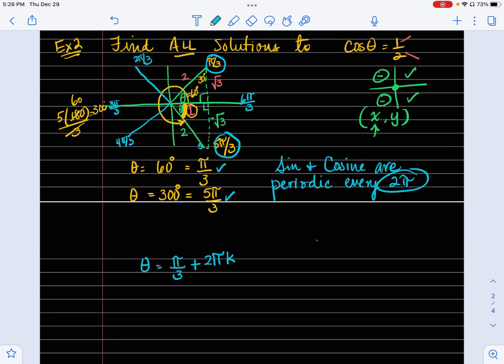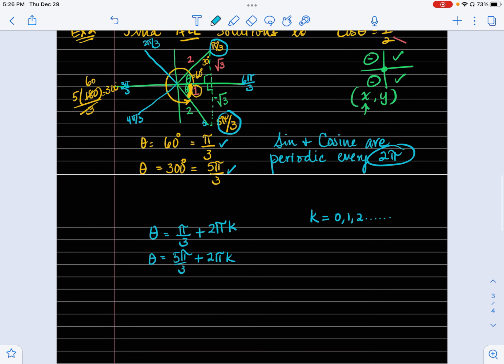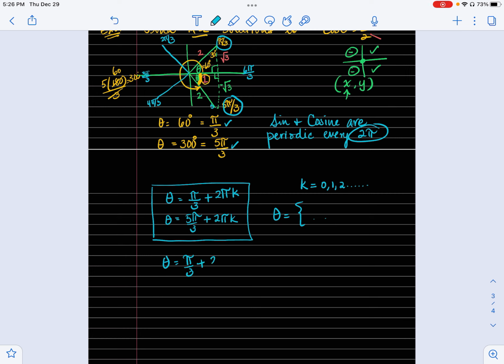K is 0, 1, 2, 3, and so on and so forth. Also, from the other one, 5 pi over 3, the next answers can be obtained by simply adding 2 pi multiple times. That's a better way to write these answers. If I want the answer as theta equals a list of values, then I can start substituting them. I'll show you that real quick.